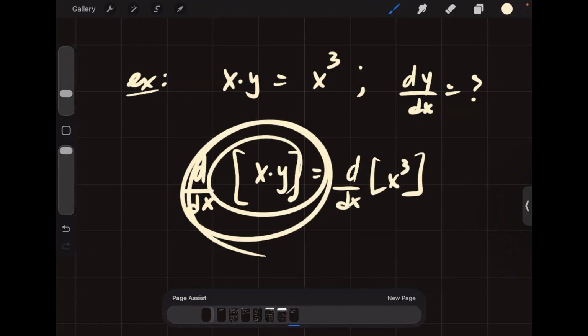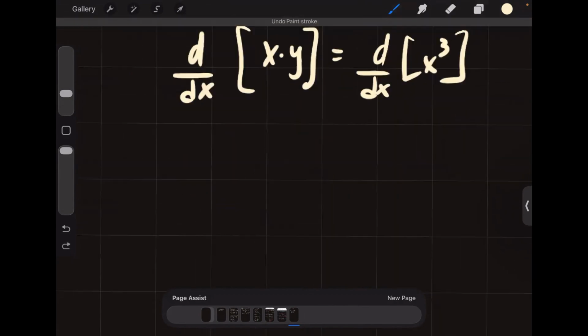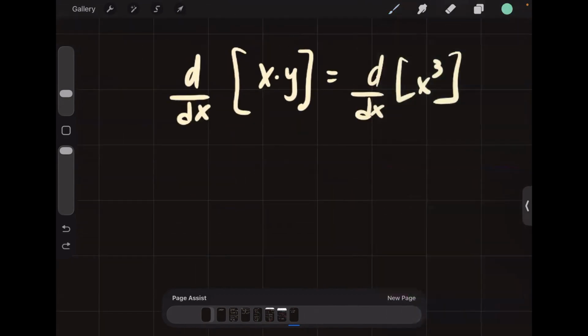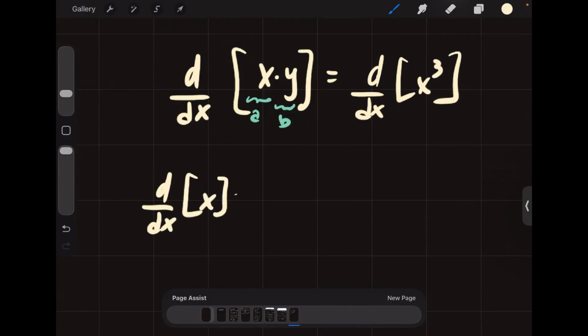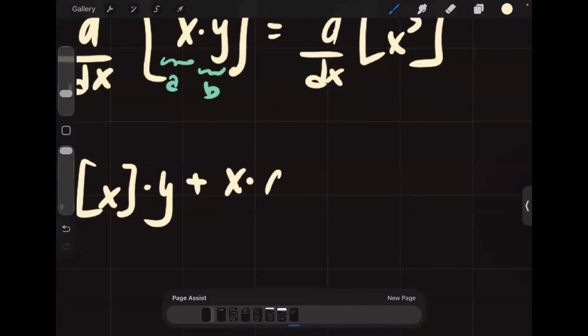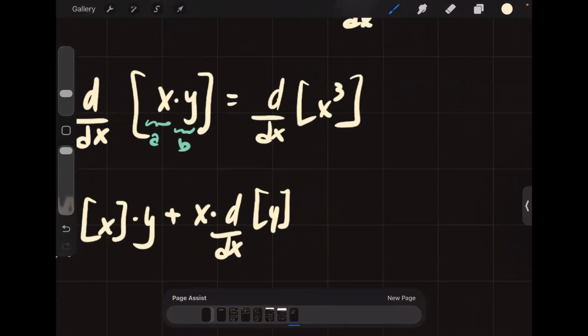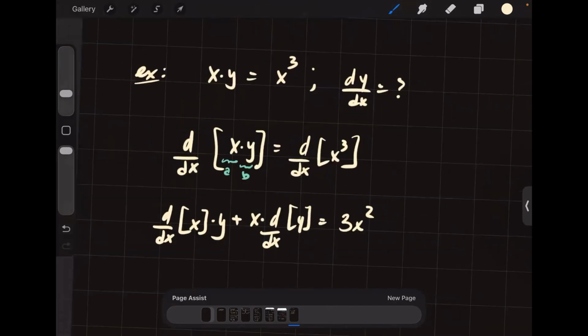This is a product rule, which means this splits as a and b, so it'll be a prime b plus a times b prime. And this is going to equal 3x squared. If you don't know how this works, check your power rule, right?